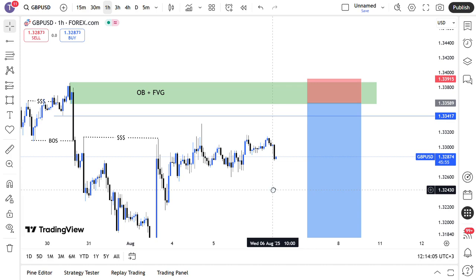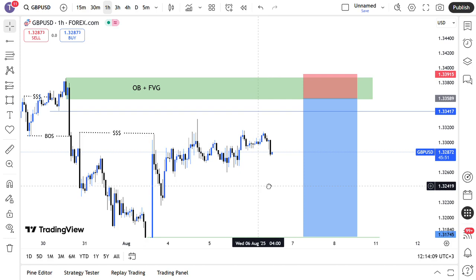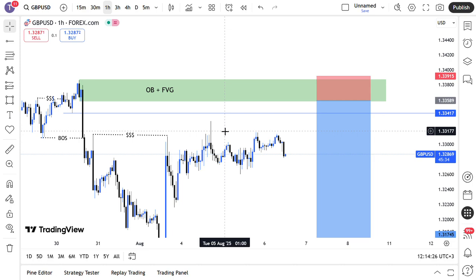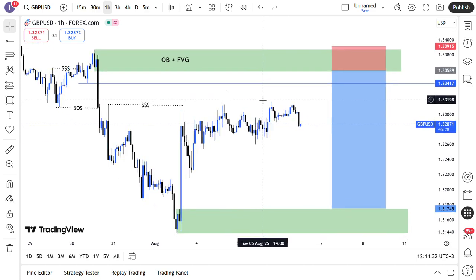And that is why I'm encouraging you to look for a change of character. I don't expect you to place a sell limit from this area and put your stop loss up here, because the stop loss is very big. So that is another importance of having a change of character on the lower time frame, because the higher time frame POI or order block is very big. So that is what I expect from GBPUSD.